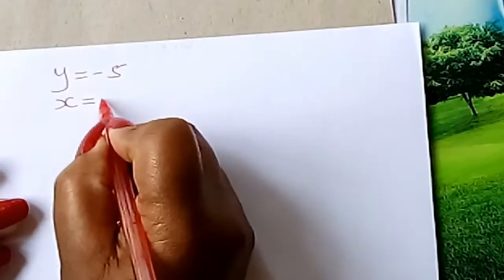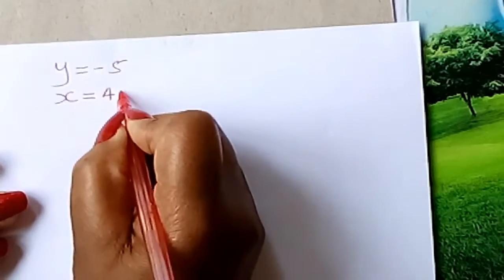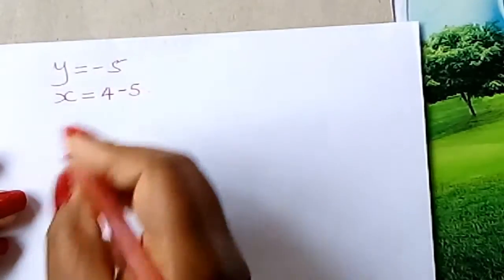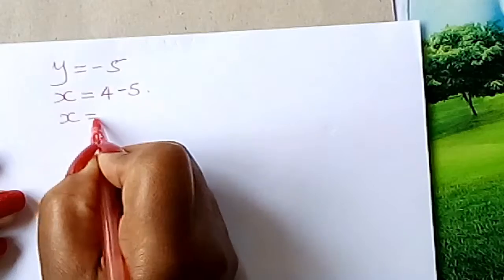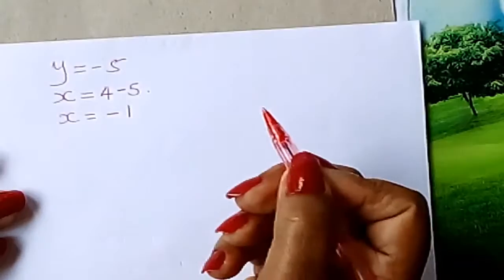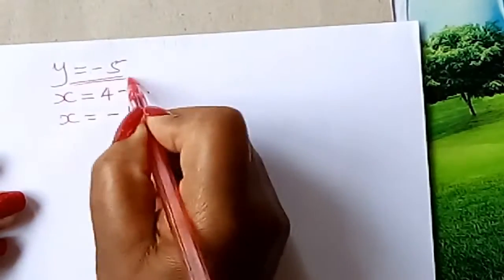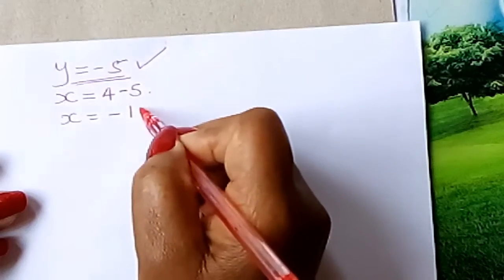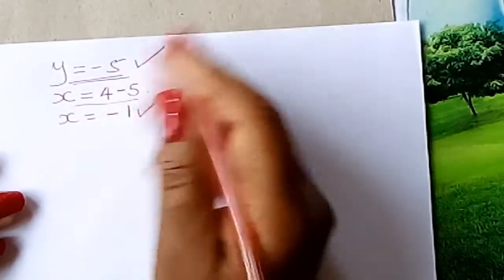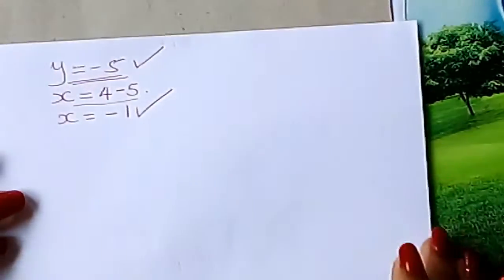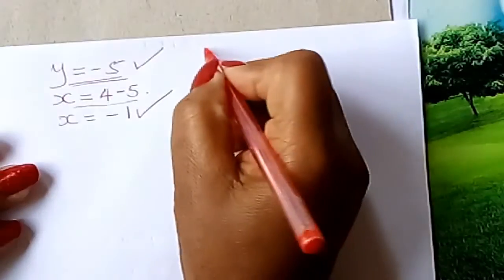Equation 3, x is 4 plus y, which is 4 plus negative 5. So x is negative 1. So when y is negative 5, you just substitute in that equation or any other equation, and you get that your x is negative 1.